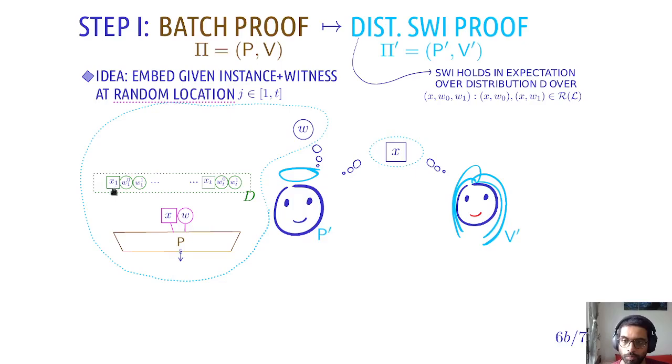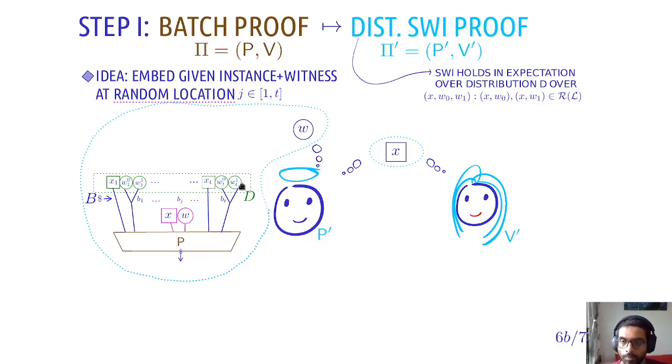So you pick instance witness pairs x1, w10, w11 up to xT, wT0, wT1, and then you pass them through the prover, and except for the jth location, they're all passed through. Since the distribution gives you 2 witnesses for each instance, you need a way to select one of the witnesses. The way you do it is again simply pick one at random.